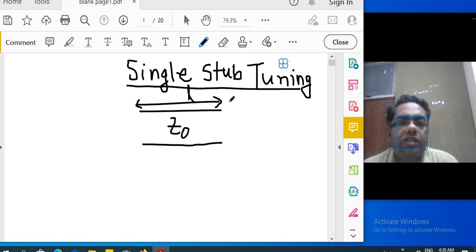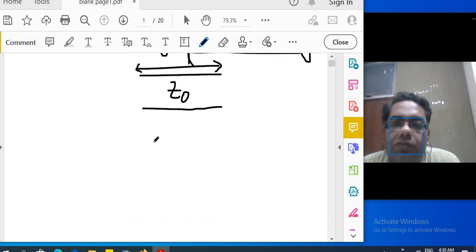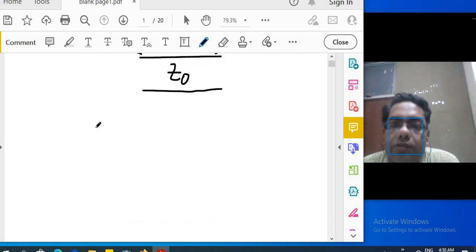So before implementing it in the Smith chart, first let us try to understand the technique behind this single stub tuning. So let us consider a transmission line.